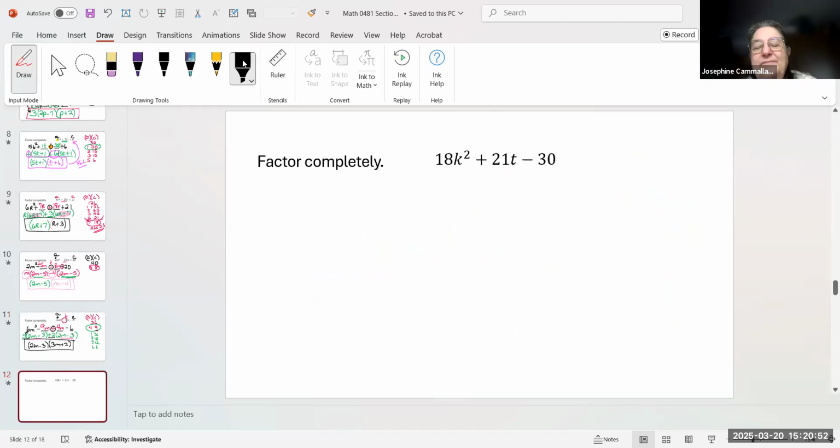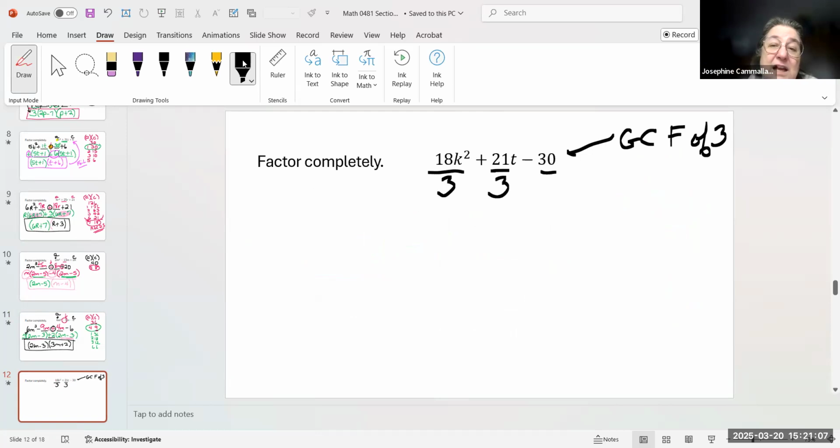Okay. Now, GCF of 3. The smallest number is 18, but 18 has a lot of factors.